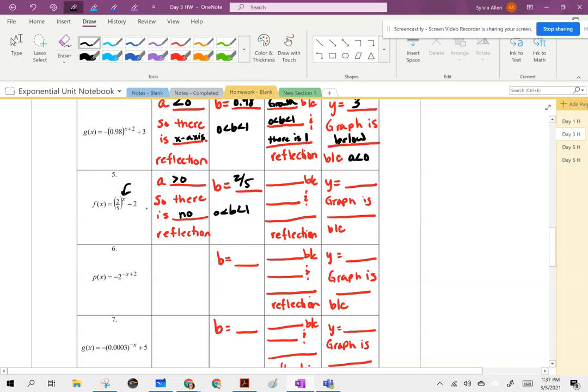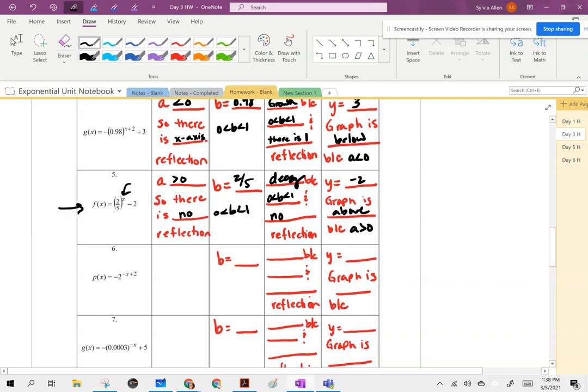So that's your typical ordinary decay function. It's decay because the B value is between 0 and 1 and there are no reflections. Y is equal to -2. The graph is above the horizontal asymptote because A is positive.